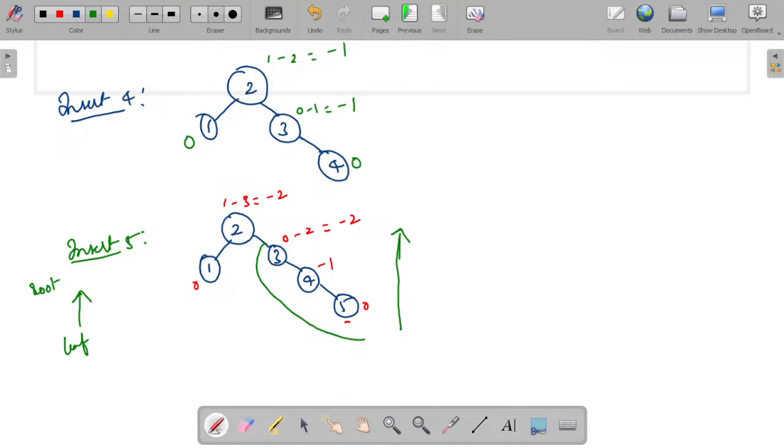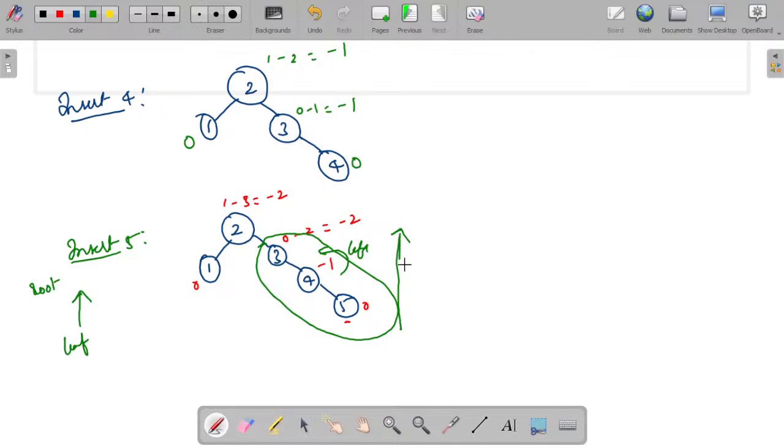First we have to balance this particular subtree and then look into the higher level. Here the rotation that is necessary for us is going to be a left rotation. I believe you already know what left rotation is and why we should perform it. Left rotation is performed when we have inserted a right child to the right subtree.